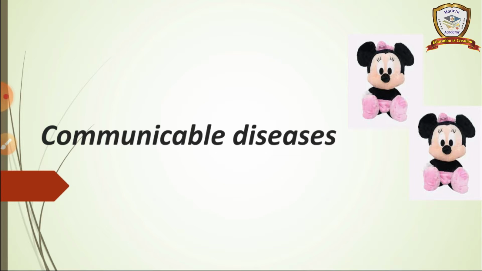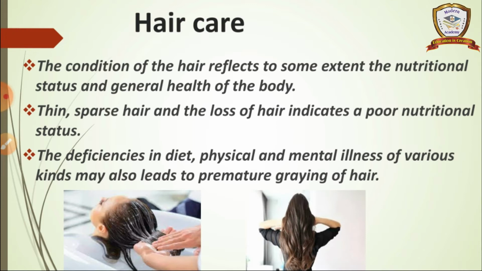Before that, let us discuss hair care deeply. The condition of the hair reflects to some extent the nutritional status and general health of the body. Thin, sparse hair and hair loss indicate a poor nutritional status. Deficiencies in diet, and physical and mental illness of various kinds, may also lead to premature graying of hair.